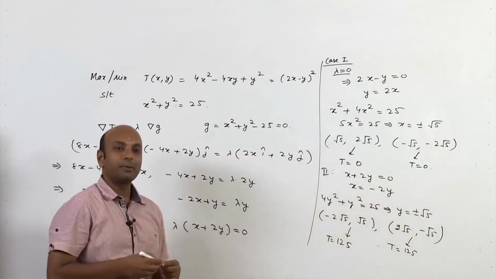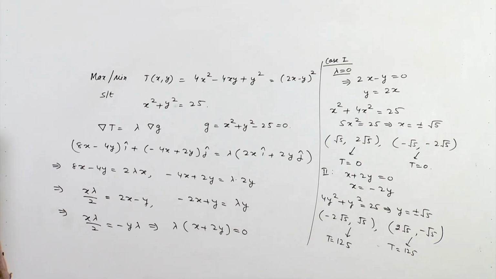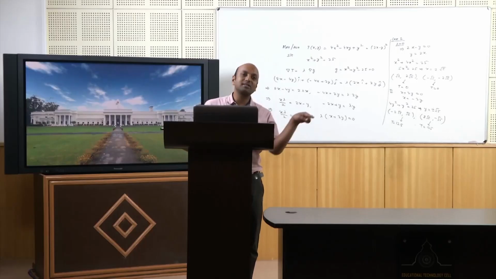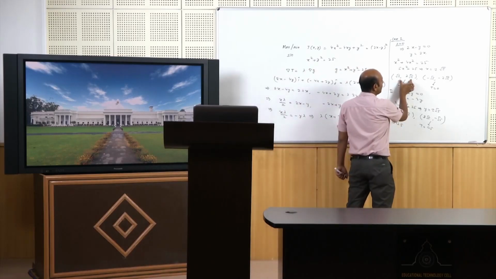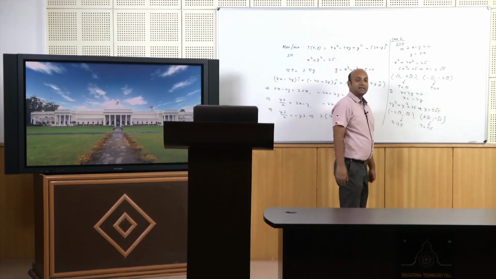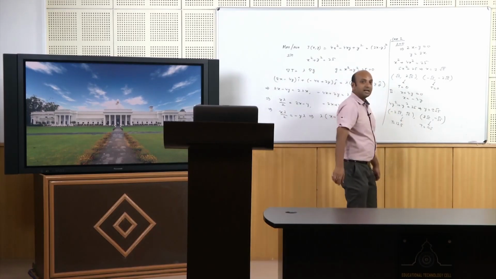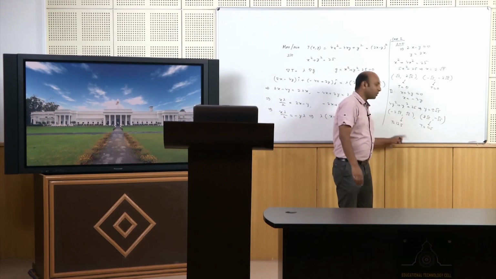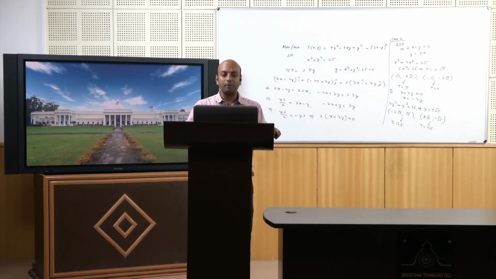So, these are the points where T is maximum. So, when the ant is moving on the circle, when it comes at this point or this point, the temperature is minimum, that is T = 0, and when it comes at this point or this point, then the temperature is maximum, which is 125. Okay. So, that is how we can solve this problem.